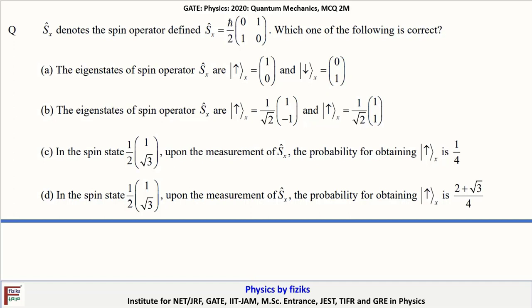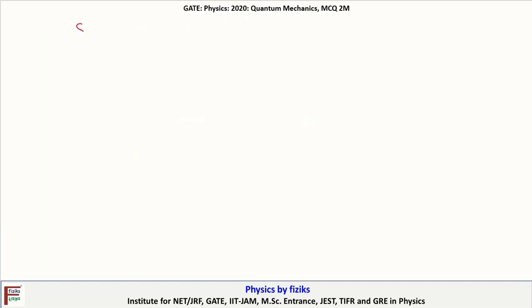Now let us write down the matrix. Sx equals h cross by 2 times the matrix (0 1; 1 0).